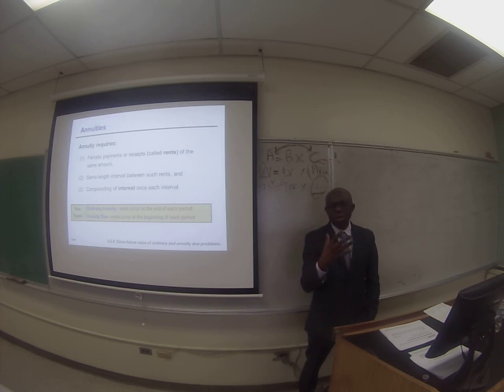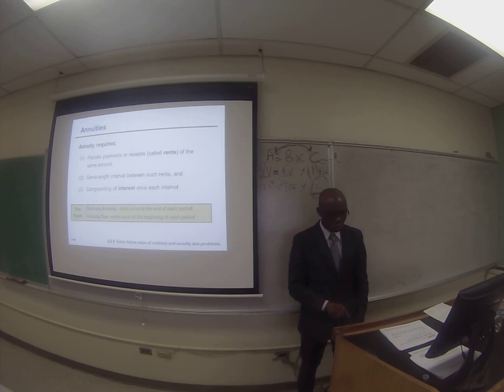So we are to receive $1,000 every month for 12 months. So the first $1,000 is going to be received at the end of the first month, so on and so forth for 12 months. So that is ordinary annuity. If the first payment is to be received now at the beginning of the month, that is annuity due.